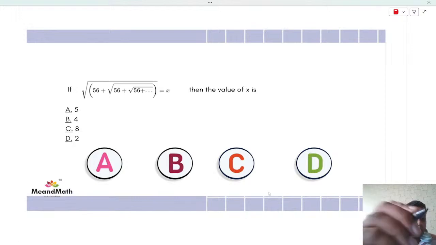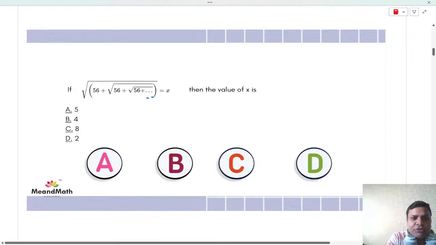So in this type of question, what you have to do: this sequence is going to infinity. Now look at this. This is also the same sequence.